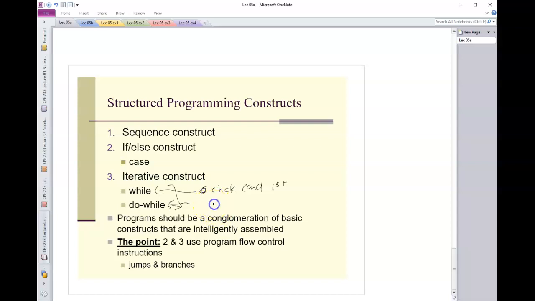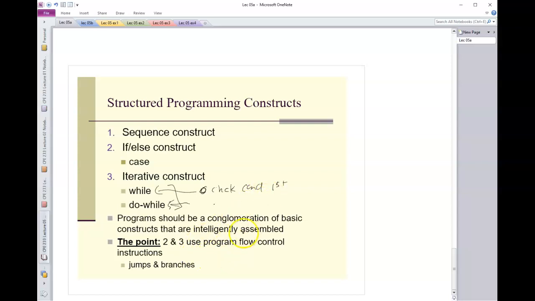In a do while loop, I do something, then I check the condition. So once again, your program should be a conglomeration of these three constructs. If it is, it's a good program. It's going to work right and be easy to maintain. Your boss is going to give you big raises.